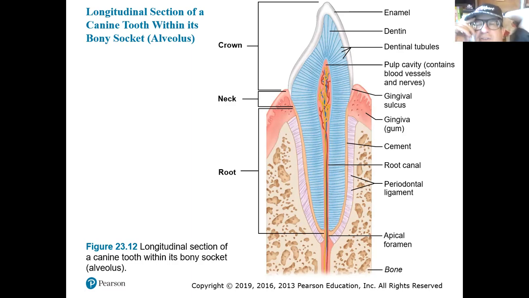The answer is because it's tough, it's abrasion resistant, but it's brittle. It'll break fairly easily. So you want a tough, abrasion-resistant coating and a softer core that has some give to it so you don't break the whole tooth every time you're trying to use it.